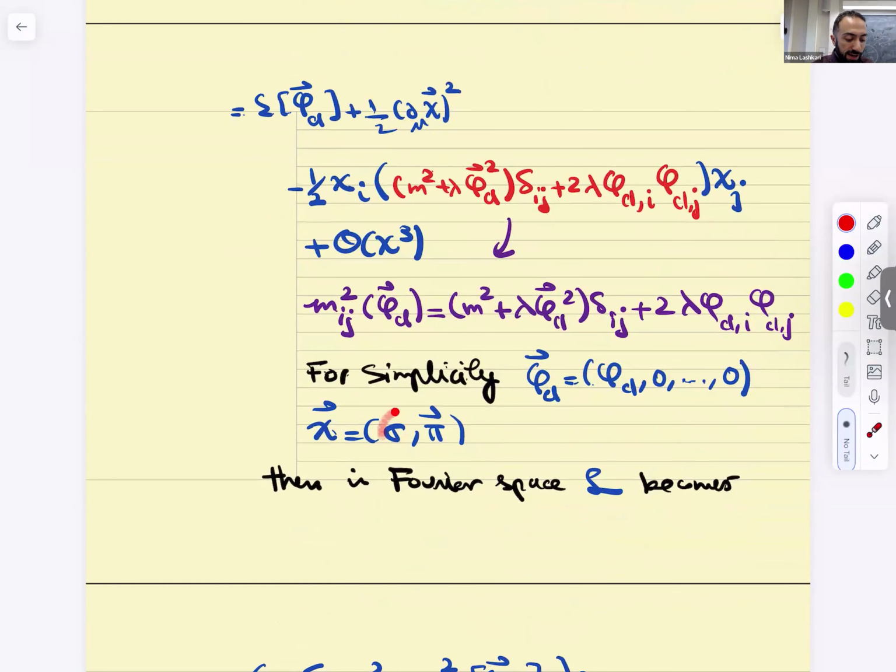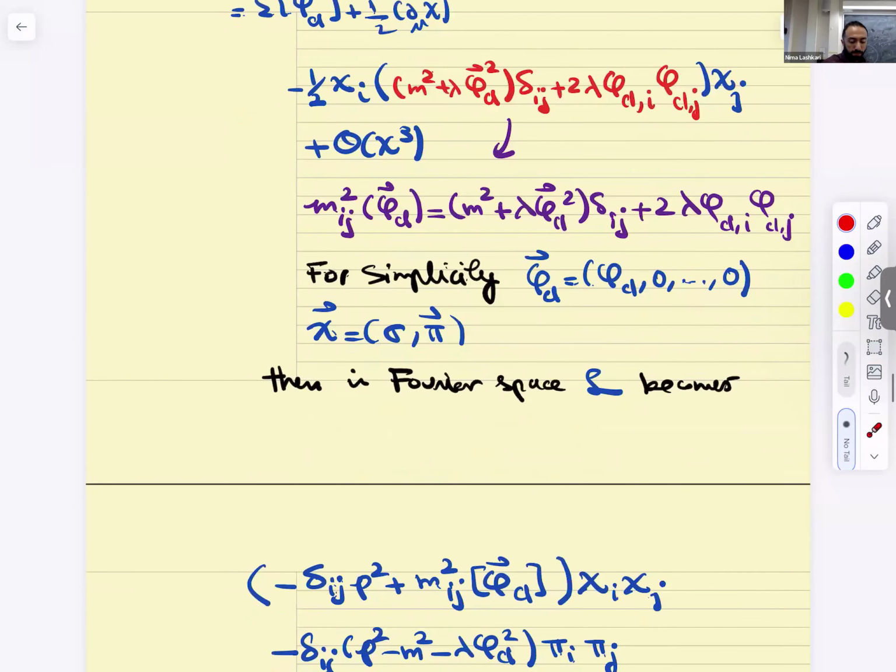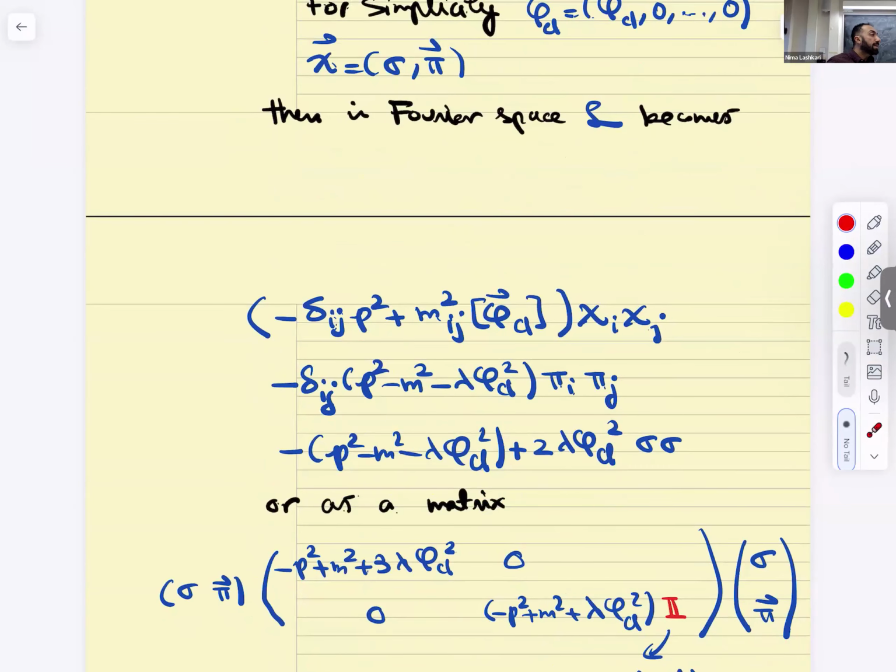And then call the one direction sigma and the rest of the n minus 1 pi. This is something we did before. In Fourier space, this mass matrix looks like this.